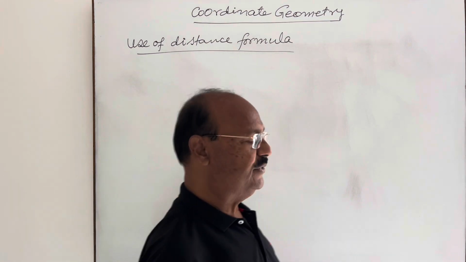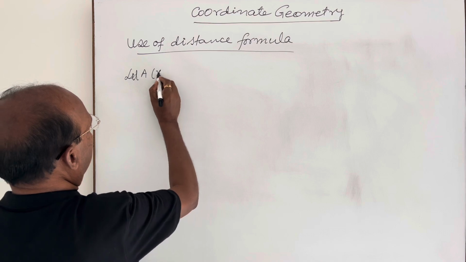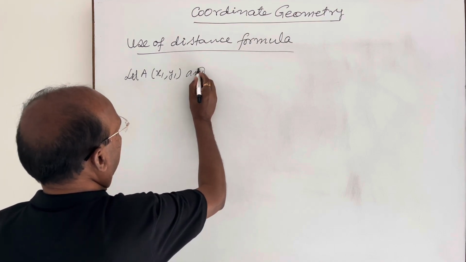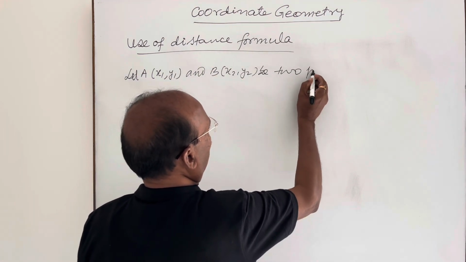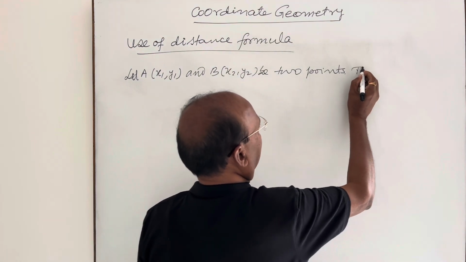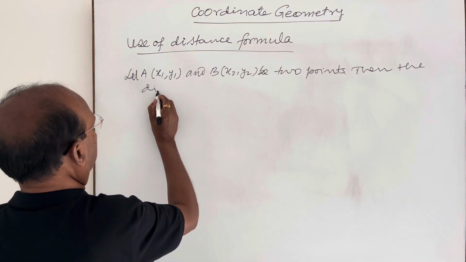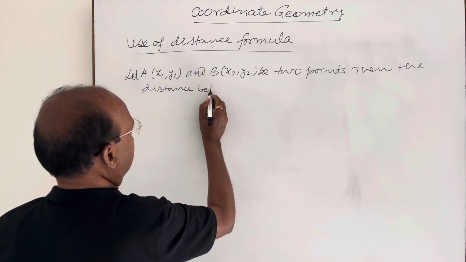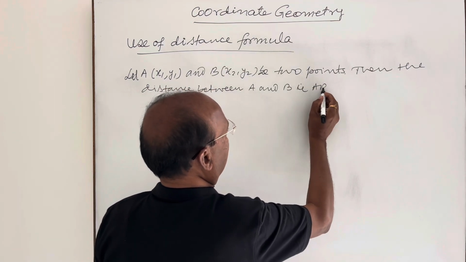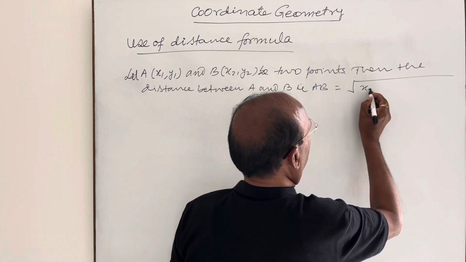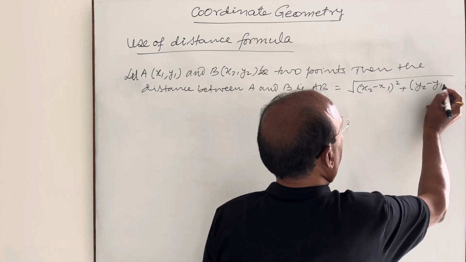As we have discussed in the previous video, if A and B are any two points having coordinates x1, y1 and x2, y2, then the distance between A and B, that is AB, is equal to square root of (x2 minus x1) whole square plus (y2 minus y1) whole square.